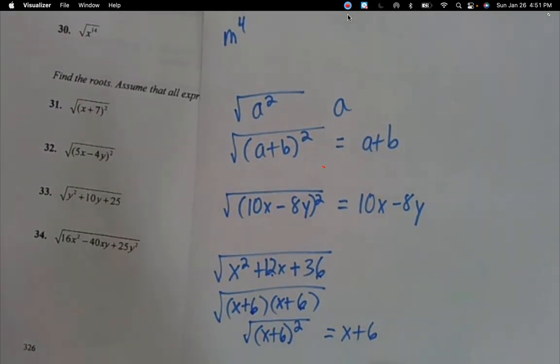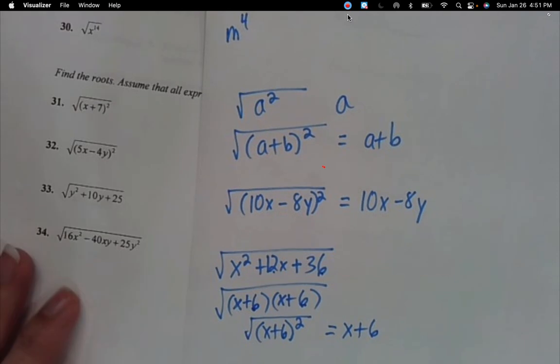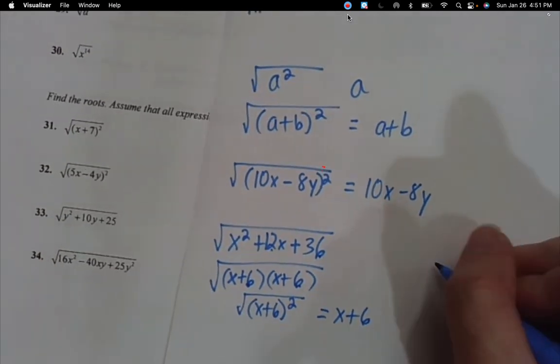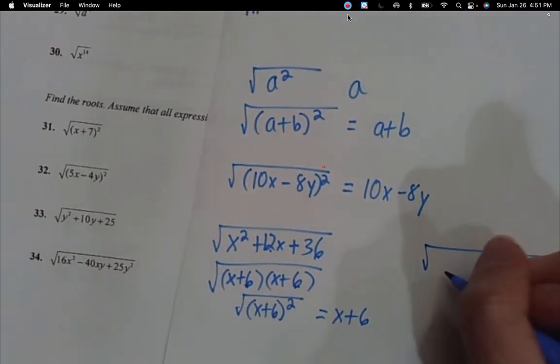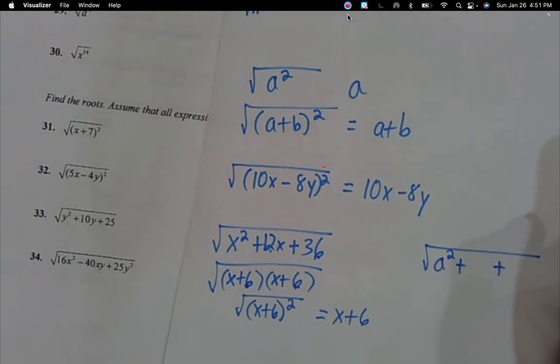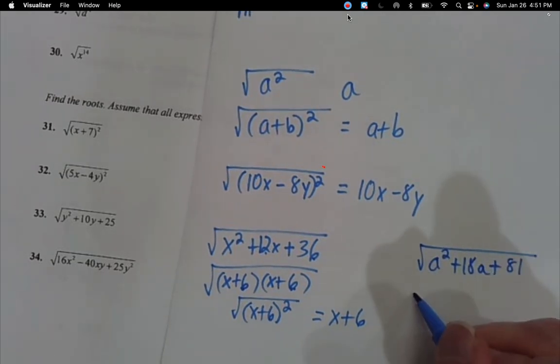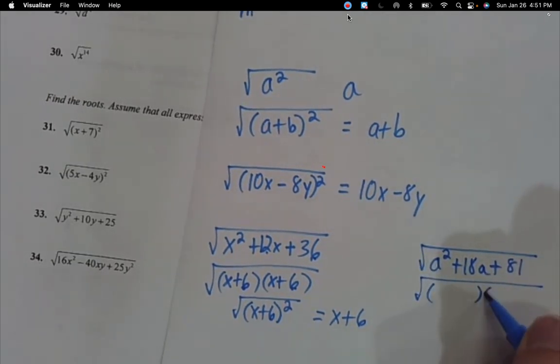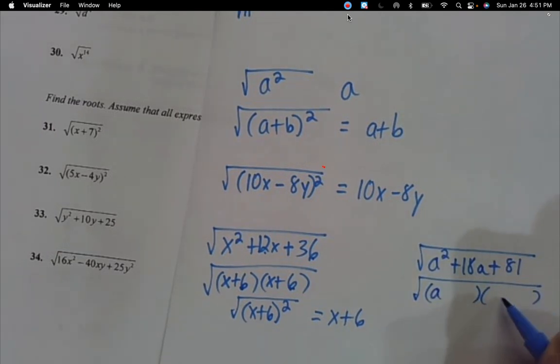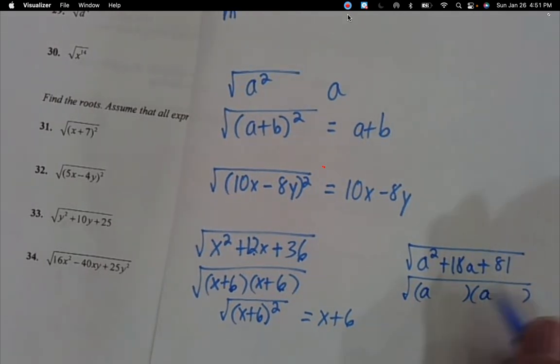Let me do another one like number 33, because you're going to do 33. What if I did the square root of a squared, and over here I'm going to get 81, and this is going to be 18a. So we have to factor. I'm going to do a and a. And what times what is 81 that adds up to 18?